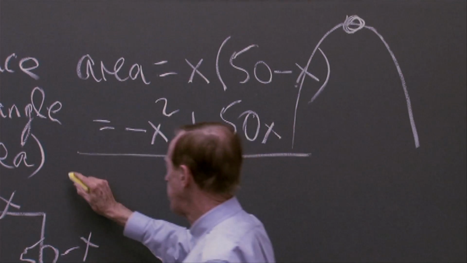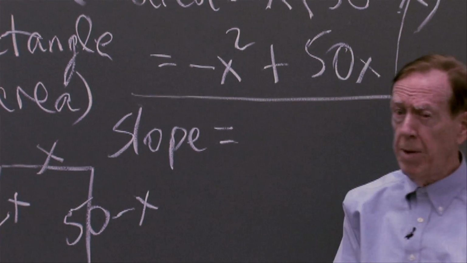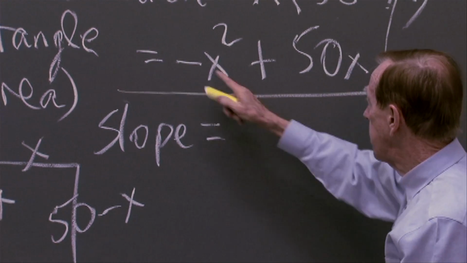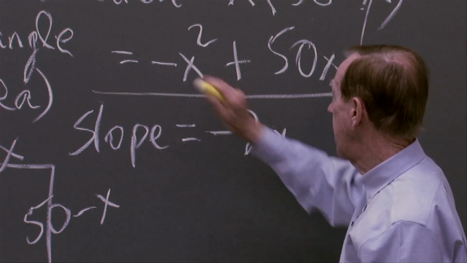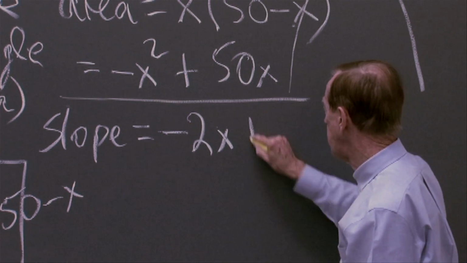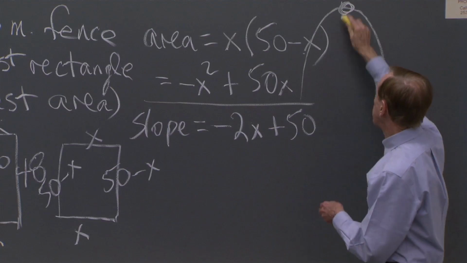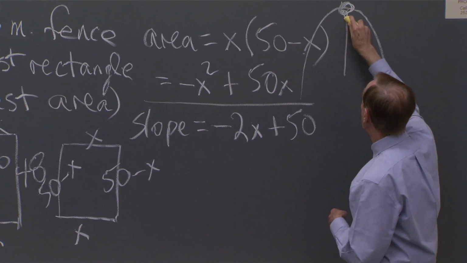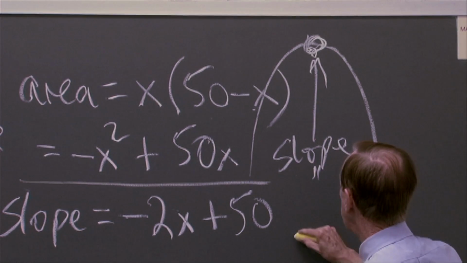Okay, so the slope by Newton, Leibniz, and you is, with a minus sign, I hope you saw that it was minus 2x now. And the slope of the 50x is just 50. That's just the easy part. And this is the point where the slope is 0.